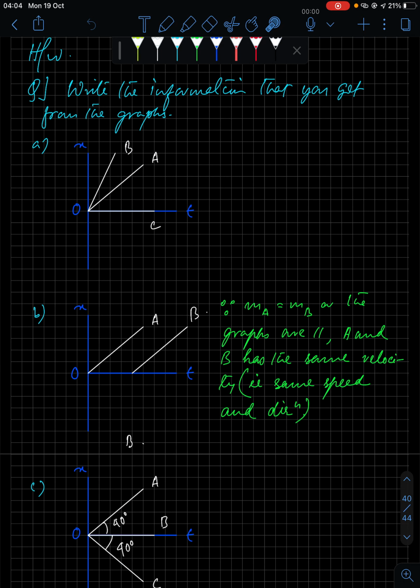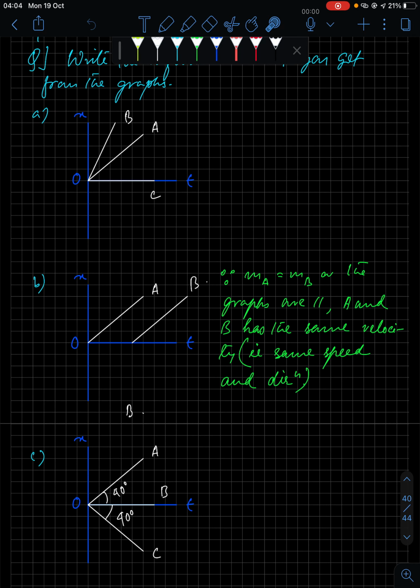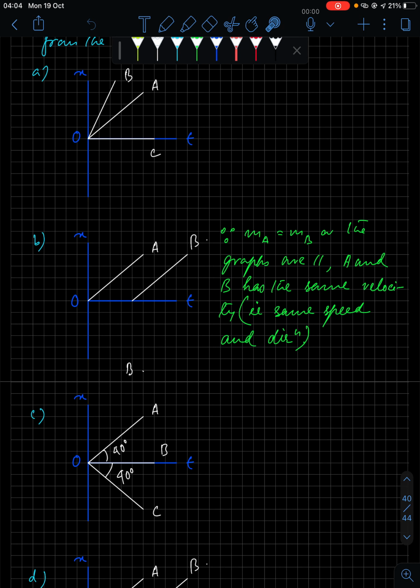Now there are some homework problems. Write the information that you get from the graphs. In the first graph, ABC, you can consider them as three vehicles. What information do you get from their slopes, about the speed, about the direction? If one speed is greater than the other, you just need to write them in brief. That will stay as homework.